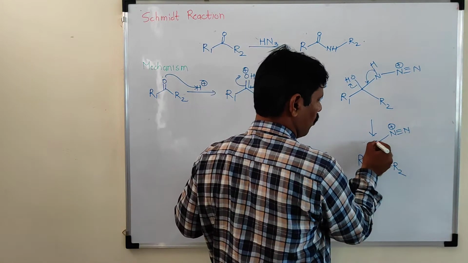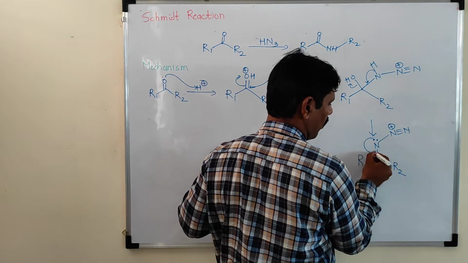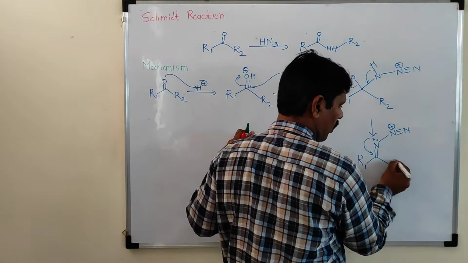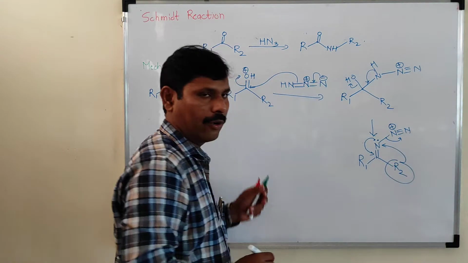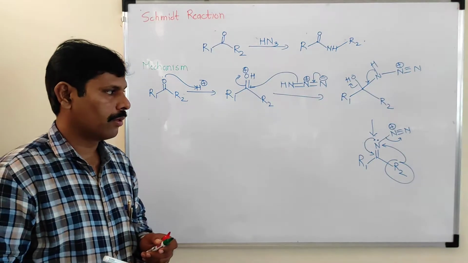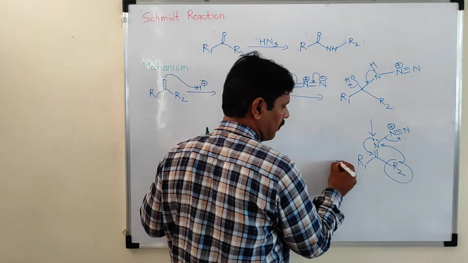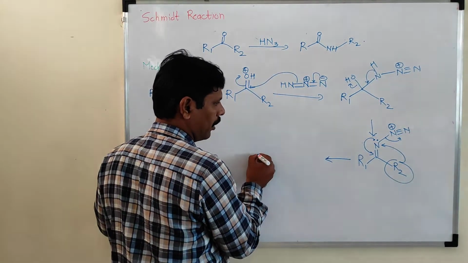The nitrogen, which contains a lone pair of electrons, then the lone pair of electrons migrates to that, and here the removal of N2 takes place with the formation of such type of intermediate.